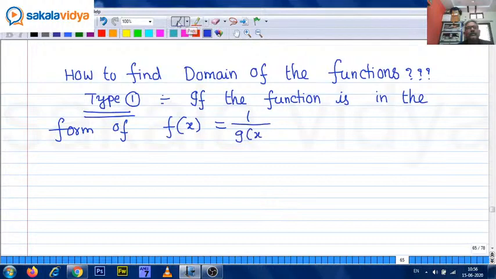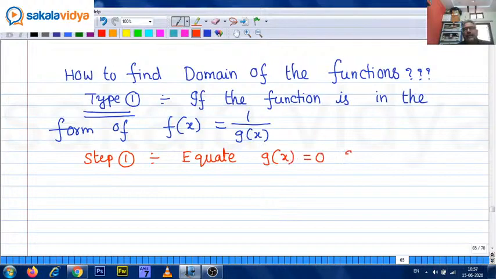1 by g of x. Then how to find the domain of f? Domain of f means, step 1: equate g of x equal to 0 and solve for x.